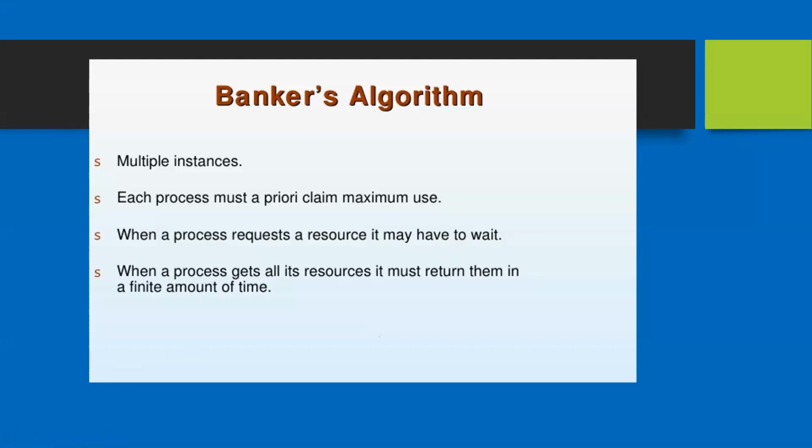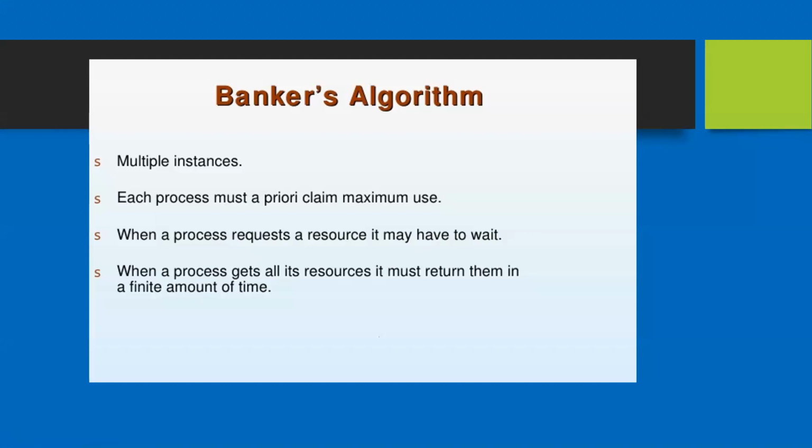When a process requests a resource, it may have to wait. When a process gets all its resources, it must return them in a finite amount of time. These are the features or requisites of Banker's algorithm.